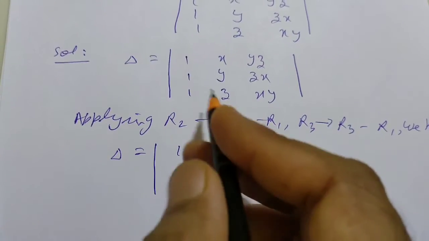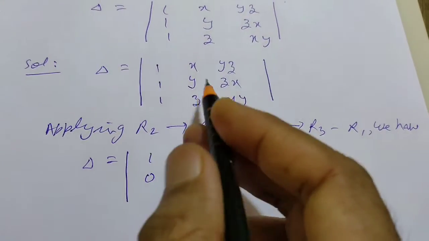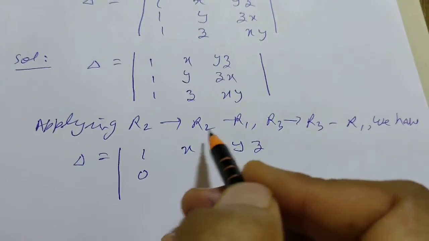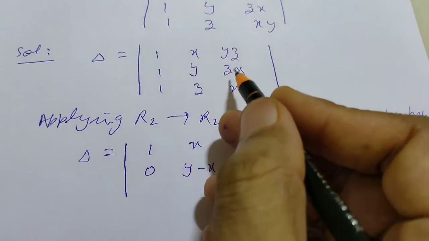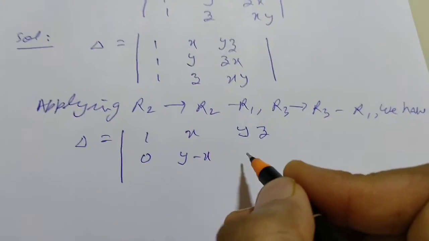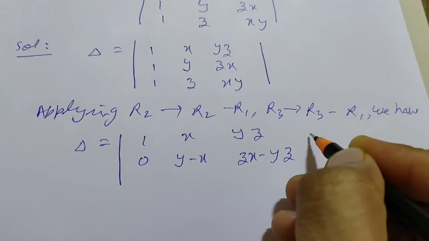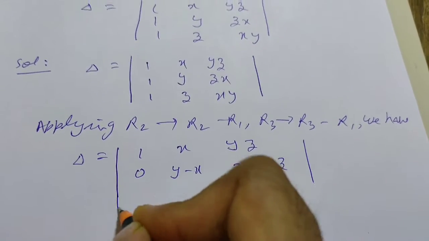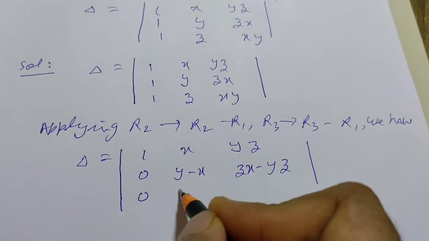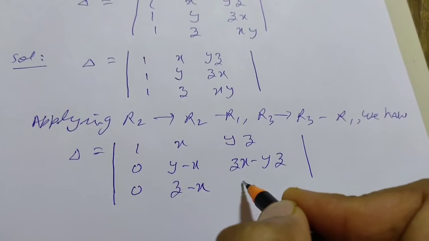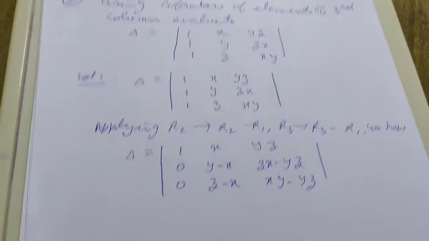Now row 2: 1 minus 1 will be 0, then y minus x, and zx minus yz. So this is row 2. Similarly, from row 3 we subtract R1: 1 minus 1 is 0, z minus x, and xy minus yz.